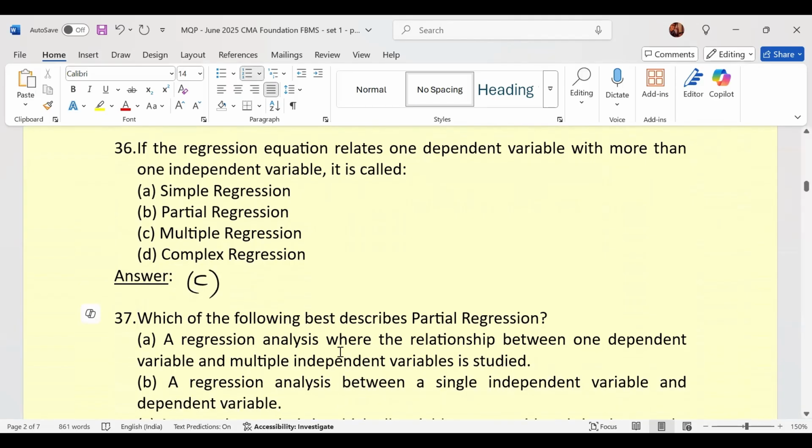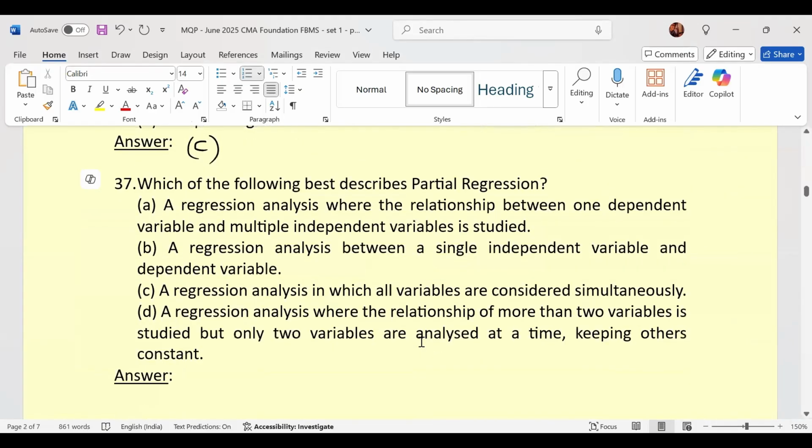Question 37. Which of the following best describes partial regression? First option is given as a regression analysis where the relationship between one dependent variable and multiple independent variables is studied. Second, a regression analysis between a single independent variable and dependent variable.